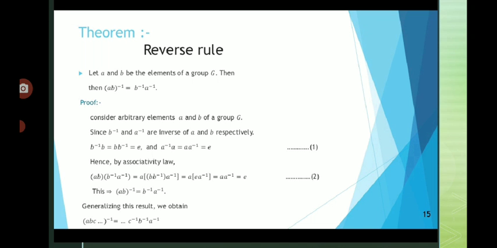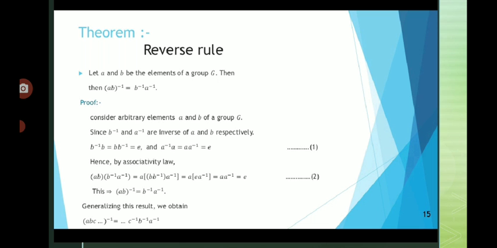And then the next theorem is the inverse rule. In a group G, A and B are two elements, then AB whole inverse equals B inverse A inverse. The proof: our statement is AB whole inverse equal to B inverse A inverse. In the statement we have all inverses, so for proving this theorem we finally use the inverse property.